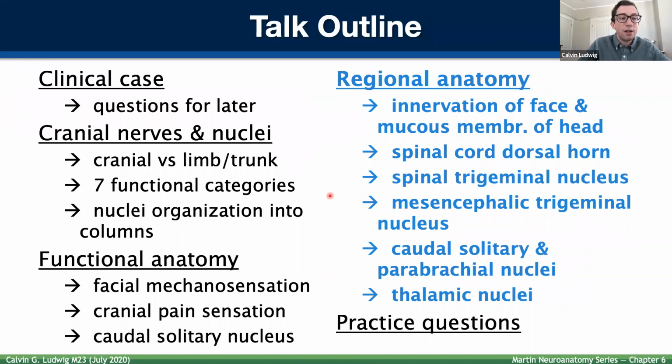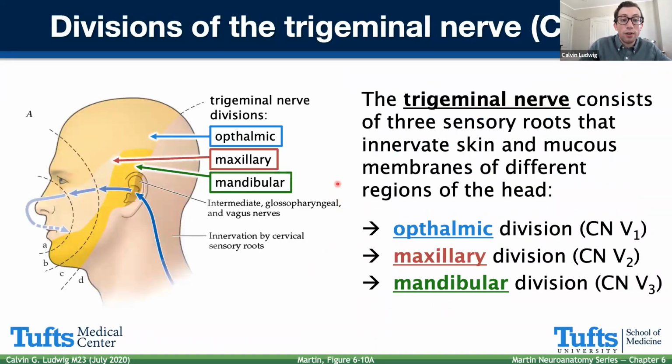Okay, the final big chunk of our talk is going to discuss regional anatomy of the trigeminal and viscerosensory systems. Now, to start, the trigeminal nerve is aptly named trigeminal, because it has 3 sensory roots. As far as their sensory functions, these 3 sensory roots innervate skin and mucous membranes of 3 different regions of the head, as depicted over here in this picture.